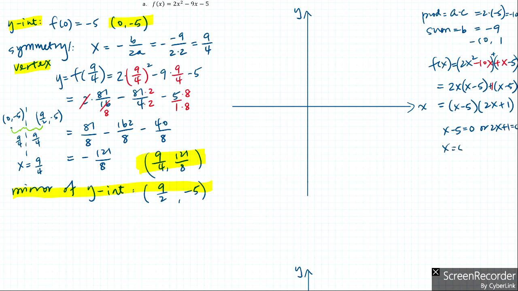And x is equal to 5, or 2x equals -1, or x is equal to -1/2. As a result, we would have the two x-intercepts over here being (5, 0) and (-1/2, 0). These are the x-intercepts.